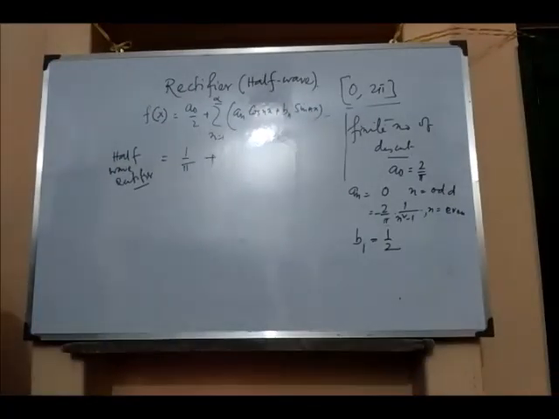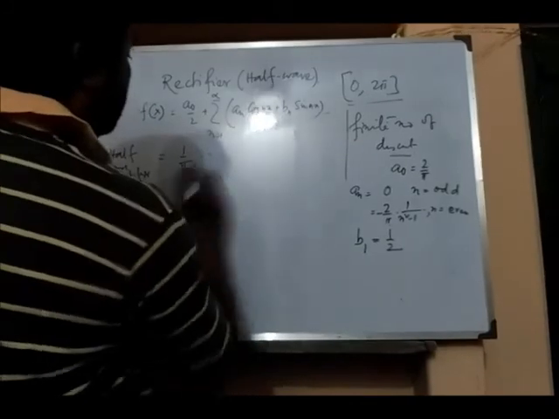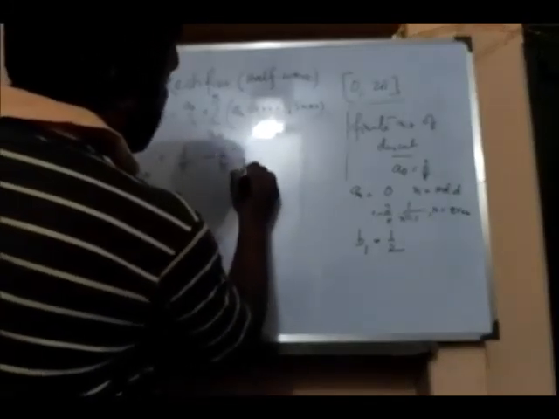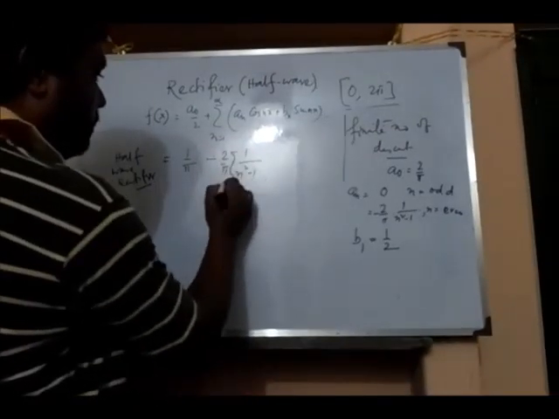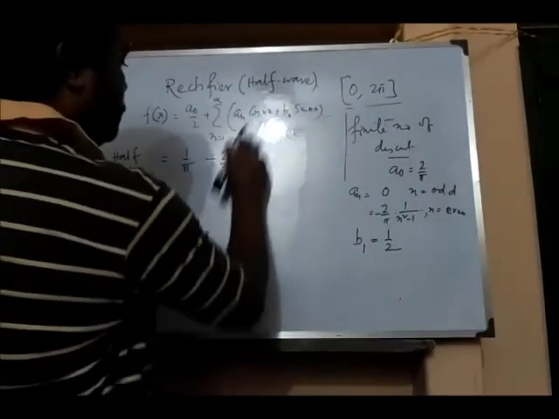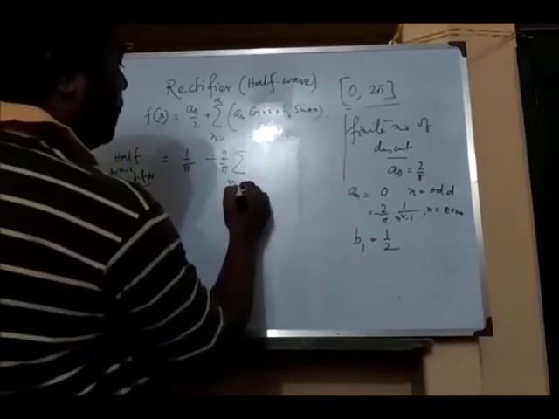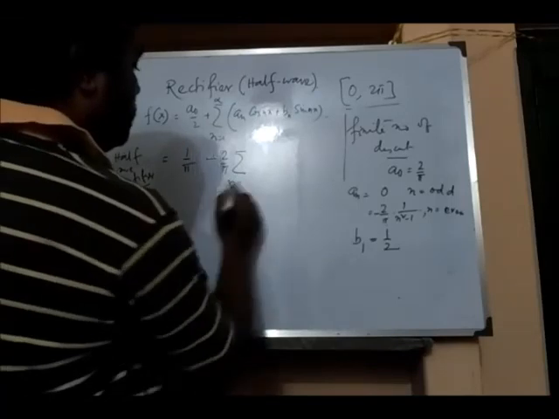So we have to write the Fourier series in such a way that this becomes minus 2 divided by pi, 1 upon n square minus 1, and obviously the sum here is over n even only.